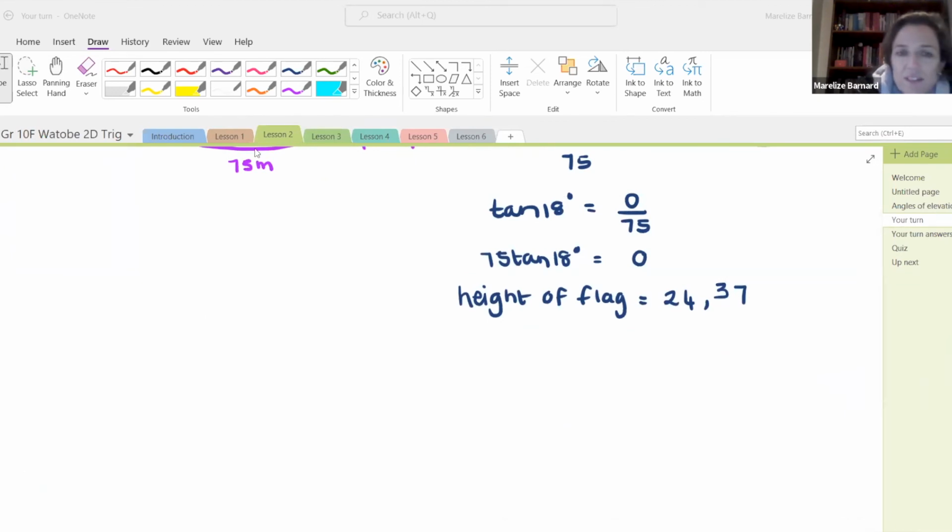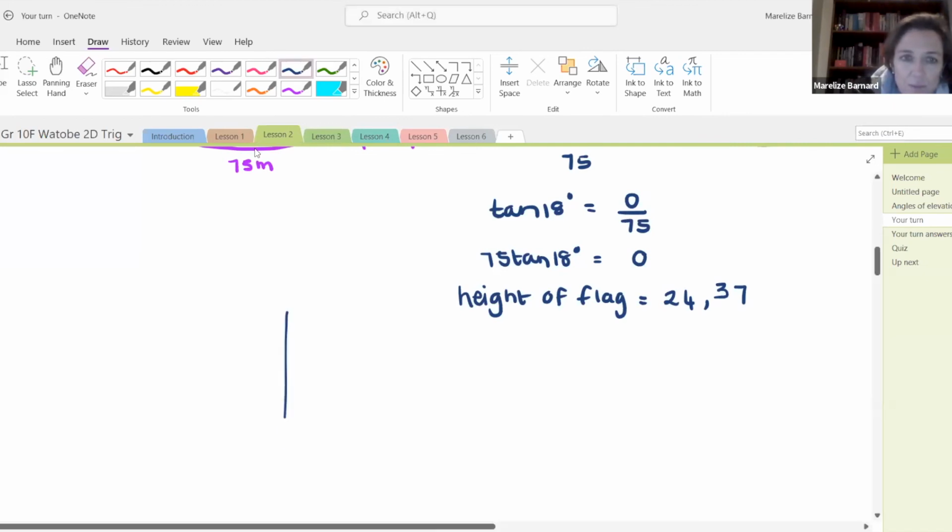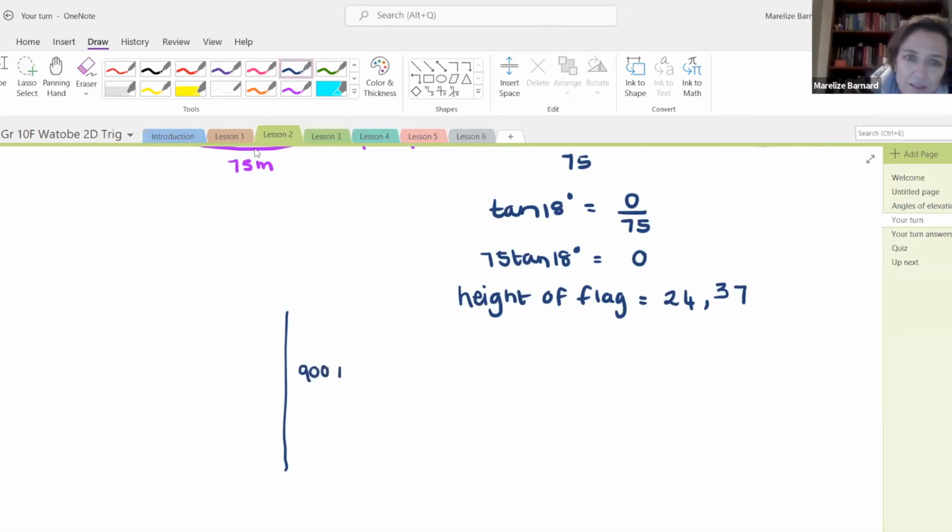so what we've got is the eagle, and the eagle is at the top of the mountain. So I'm just going to draw the mountain as a straight up line. And that's 900 meters tall, and the eagle is over here, and the angle of depression, they tell us, is 25 degrees.